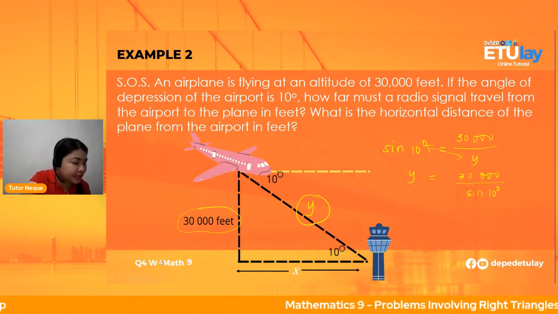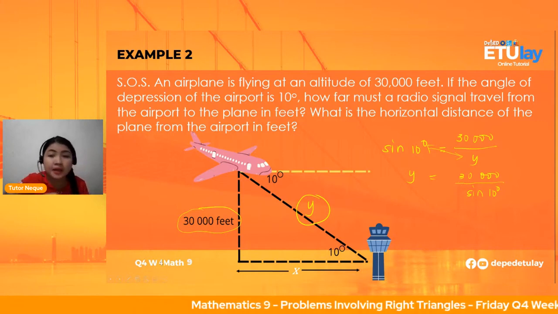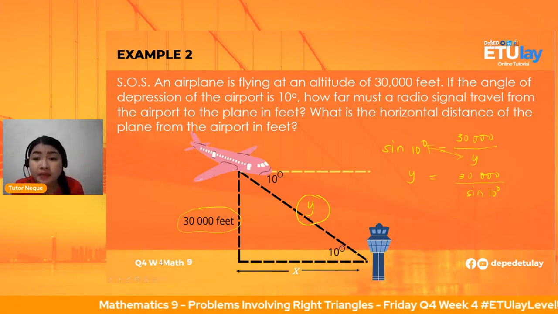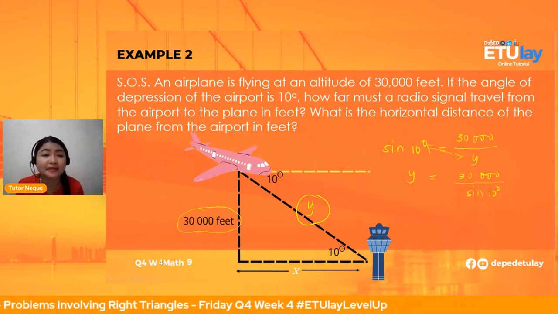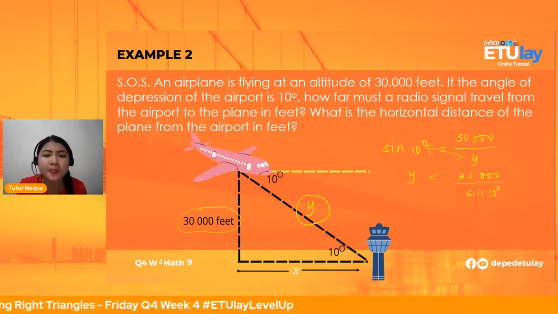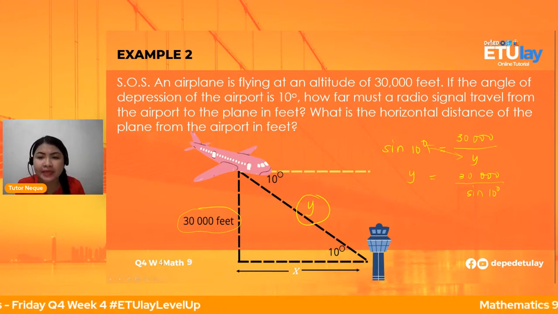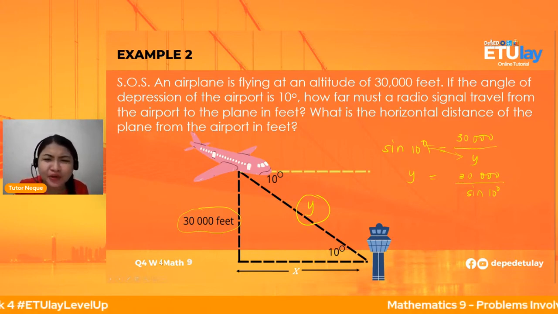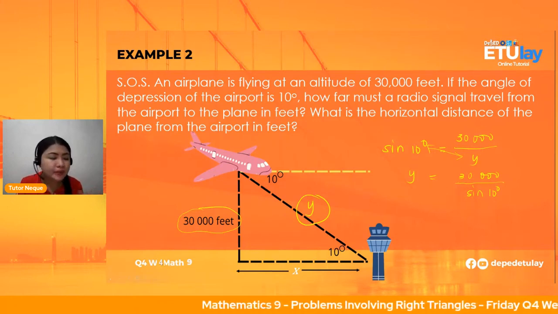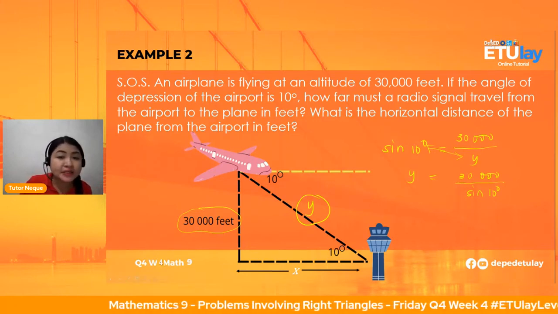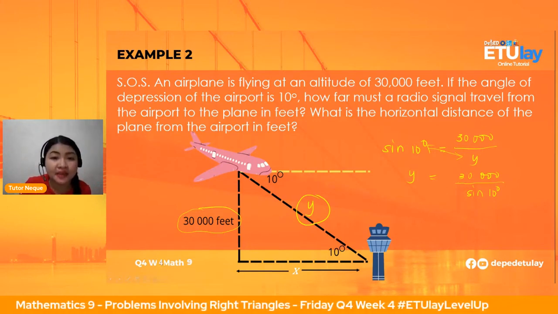Okay. Sine 10 degrees. The distance is? Ayan. So, habang inaantay natin ang sagot, okay, sinasagutan pa rin yung horizontal distance. Siguro, late lang tayo ng ilang segundo, no? The answer is 30,000 divided by sine 10 degrees.